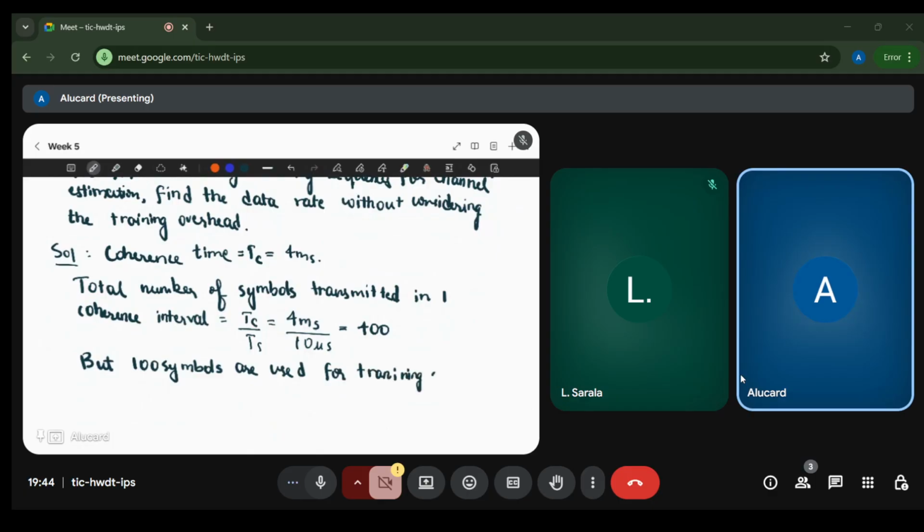So the data that is being sent is only 300 symbols.